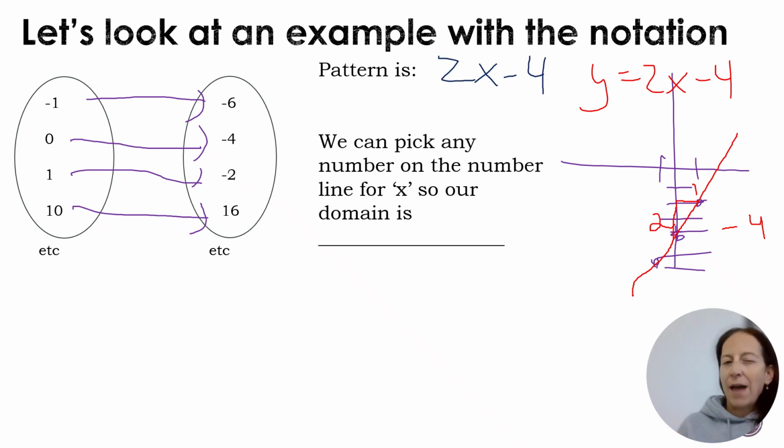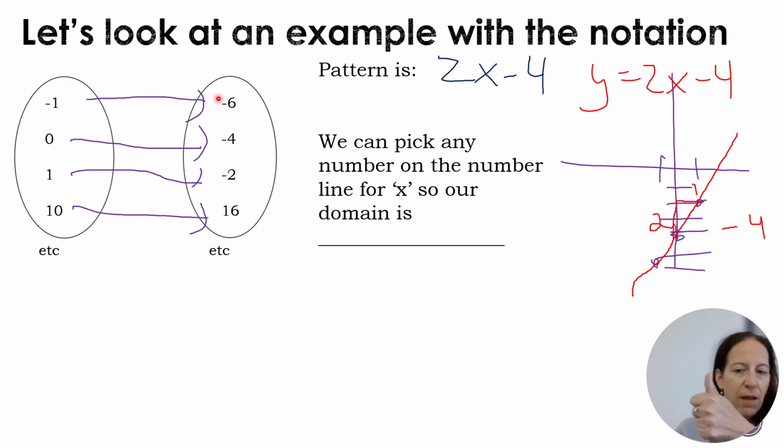Now I want to check that. So in other words, to get the y, I would take x, multiply it by 2, and subtract 4. Let's see if that seems to work. -1 times 2 is -2, and -2 minus 4 is -6. Looks good.